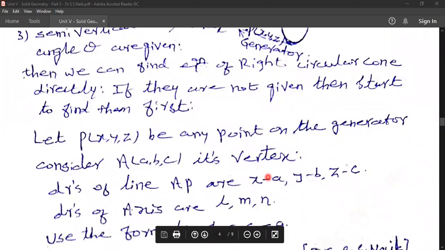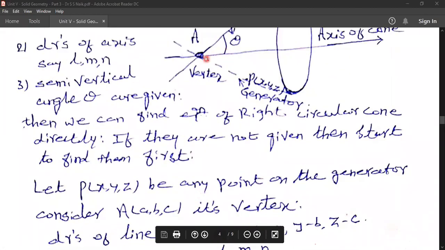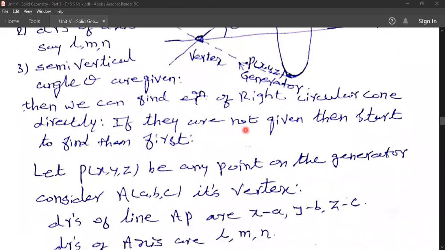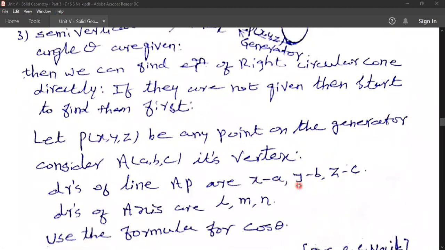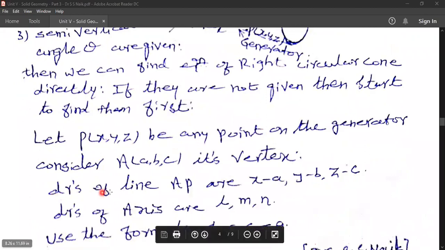Okay, then the direction ratios of the line AP, so this is A and this is P, are the differences between the coordinates, given by x minus A, y minus B, z minus C. These are the direction ratios of AP.